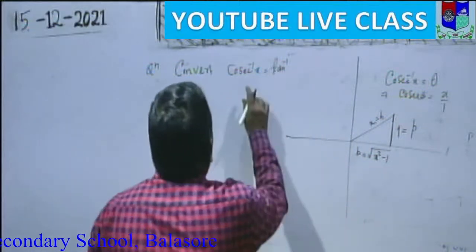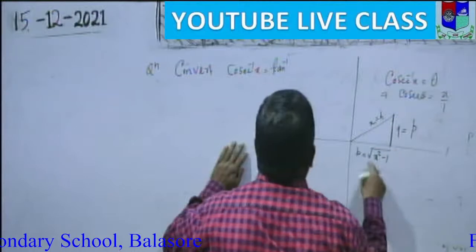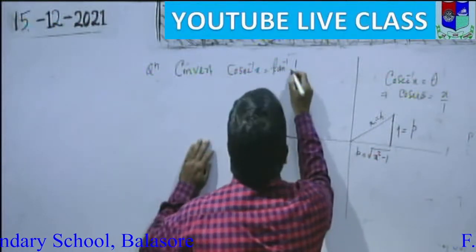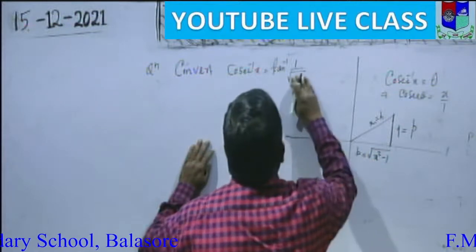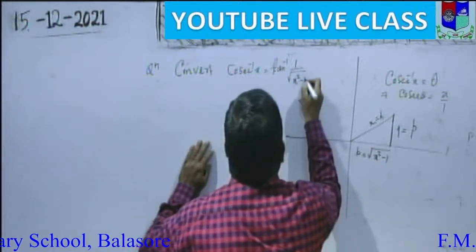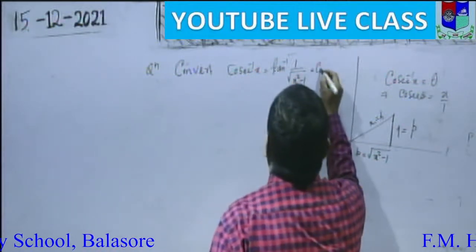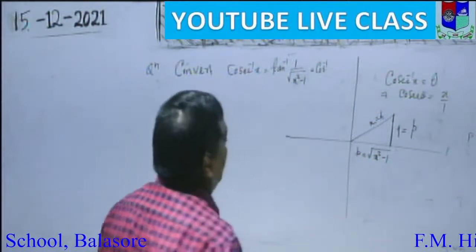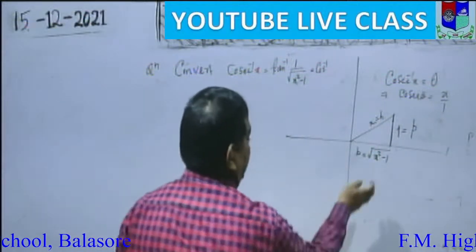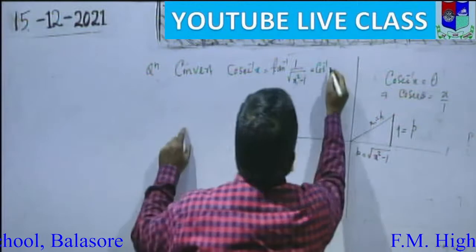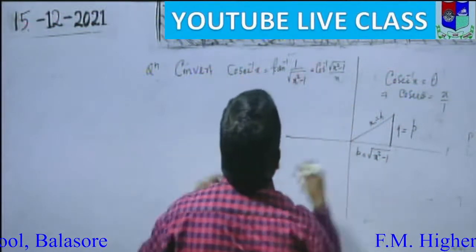My tan inverse is, what is that? p by b, that is 1 by root over of x square minus 1. Cos is b by h, that is root over of x square minus 1 by x.